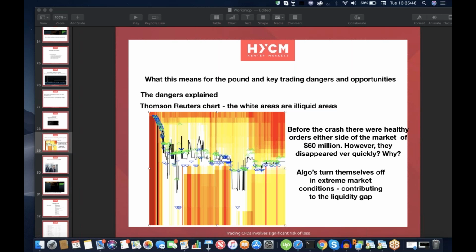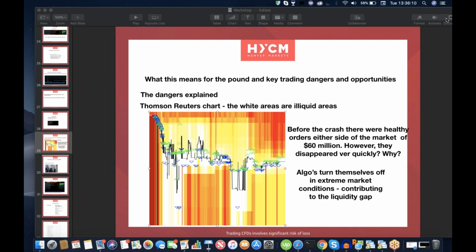Now, if you look at the blue arrows, those blue arrows are sell orders, and the green arrows are buy orders, okay? The shaded areas, this red, orange, the yellow here, the red, these are limit orders. So that's a buy limit order, that's a sell limit order.